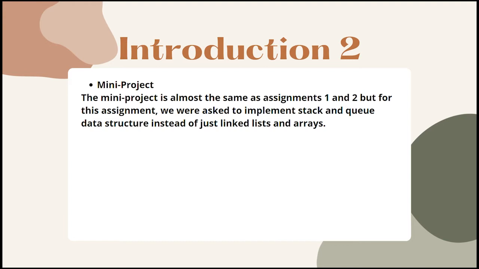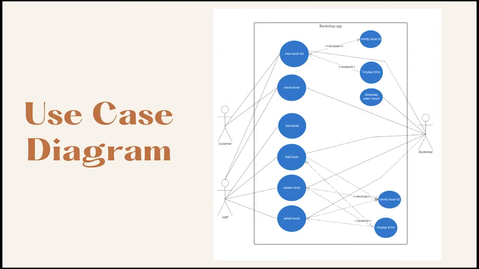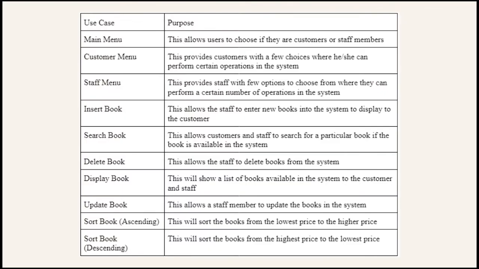In this project, we had to implement the stack and queue into our code, and we had to choose either arrays or linked lists, but in the project we used the linked list to do so. Here we have our use case diagram, which we will be explaining in this table.